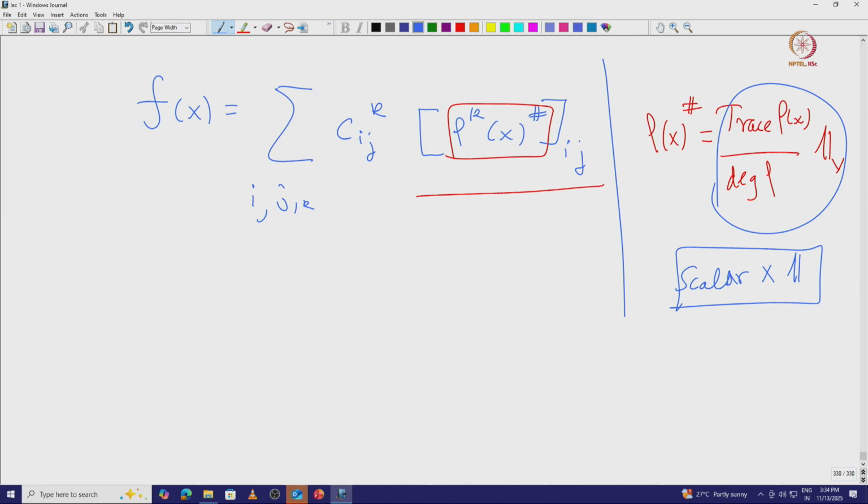On the diagonal, this scalar will appear. So the only non-zero entries come from i equal to j; the i equal to j coefficients survive.